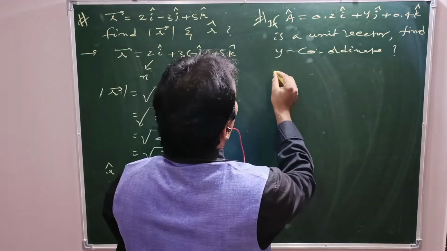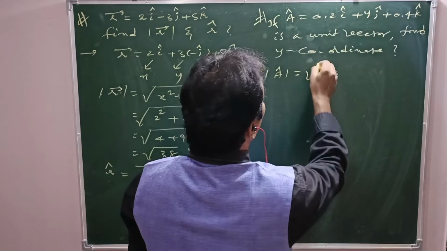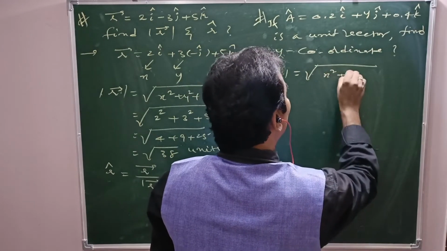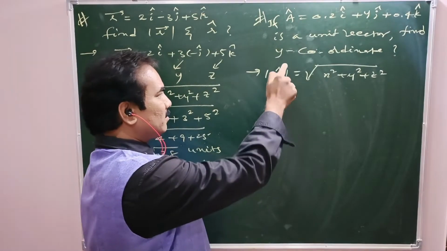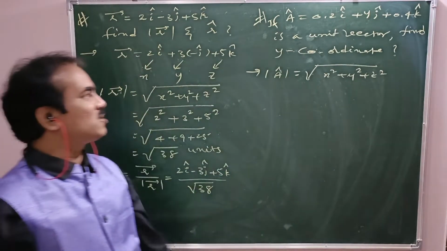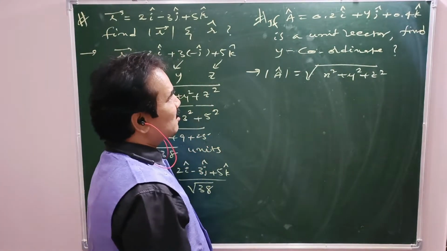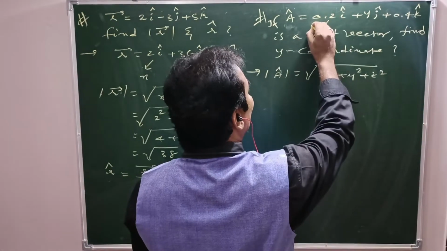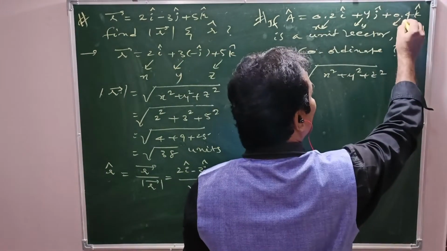So mod a cap equals root over x square plus y square plus z square. This is the magnitude. Here x means 0.2, y is the only unknown, z means 0.4.